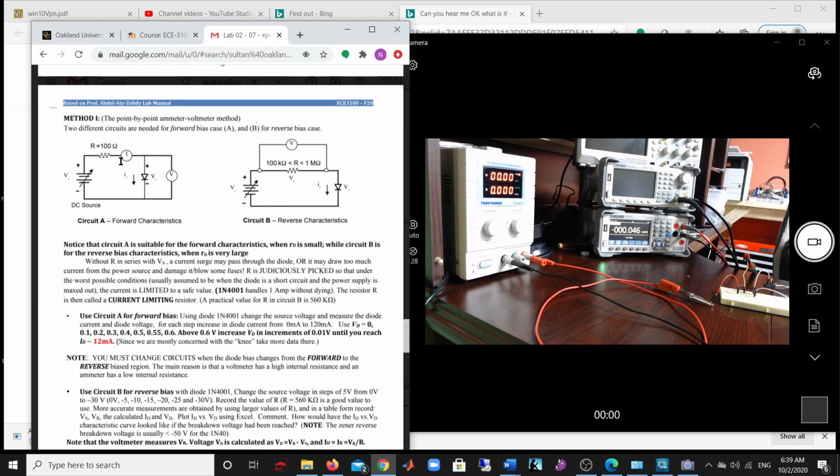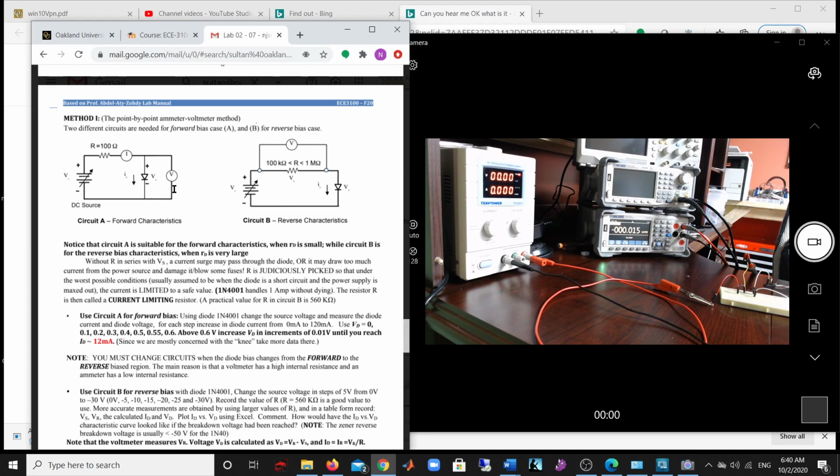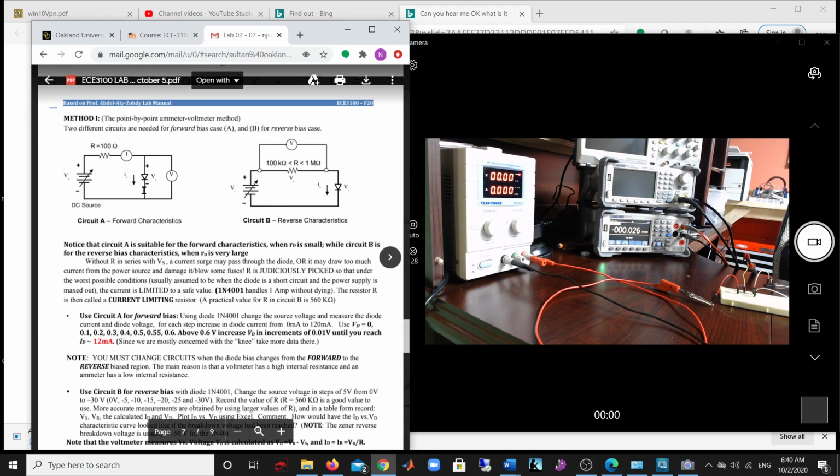So in our case, we're not gonna connect the multimeter here. It's gonna be this side of the resistor connected directly to here, but we're gonna connect the voltmeter across the diode. Again, we're gonna use Vs minus Vd to get Vr. Vr over 100 ohm, we will get the IR, which is the same as ID.